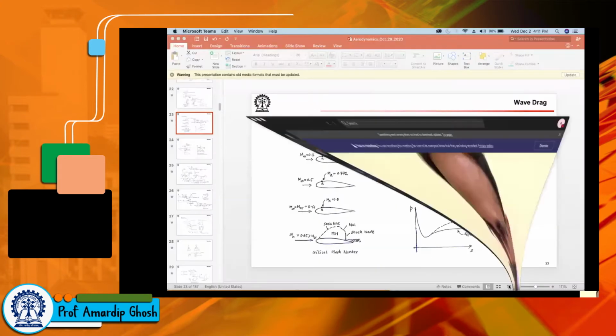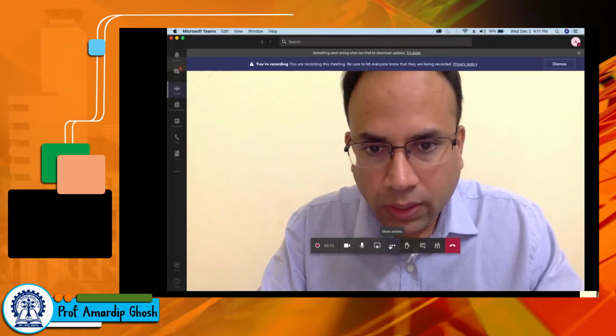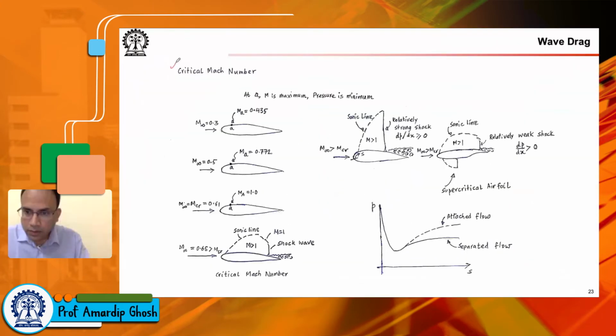Okay, so this is the slide that I had shown in the last lecture. This one is of primary importance in the consideration of wave drag for subsonic vehicles flying close to the sonic state.